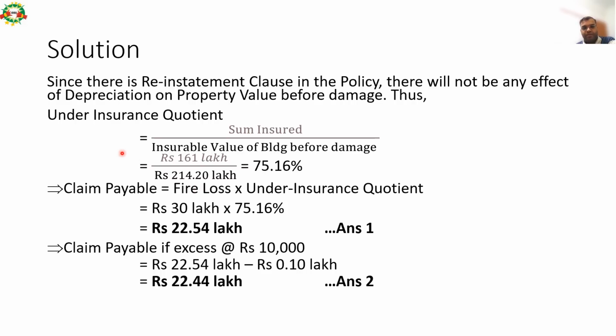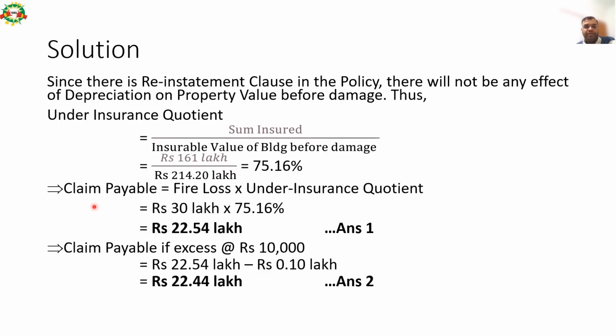Because of this, the sum insured given is the same, 161 lakh. However, the total value of the building without depreciation just before the fire damage has increased from 160 as in the last case to 214.20 lakh. Right. So that is why the under insurance quotient has been reduced from 100.22% in the last case study to 75.16% in this case, just because of the introduction of the reinstatement clause in this question.